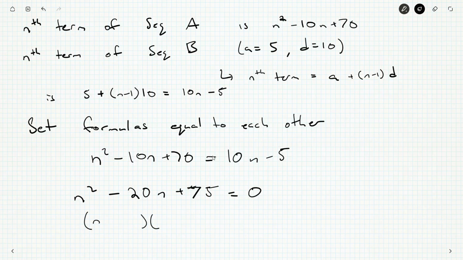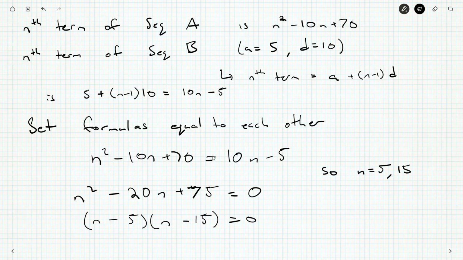It'd be n something, n something. The 75 there has factors of 3, 5, 15, 25. So let's try 5 and 15, because I know that they multiply to 75 and they add up to 20. So n equals 5 and 15.